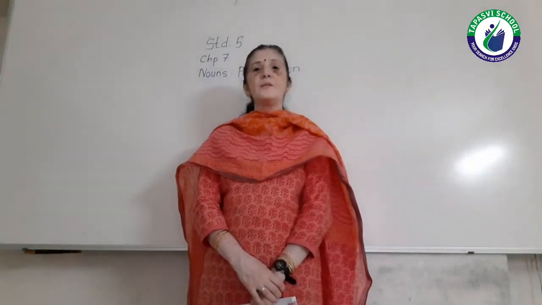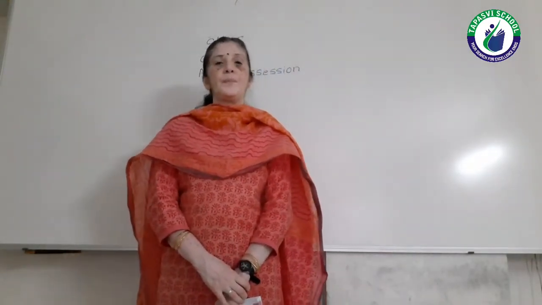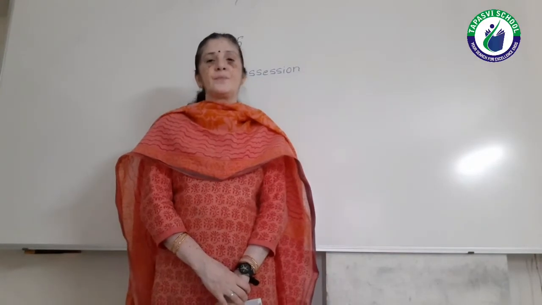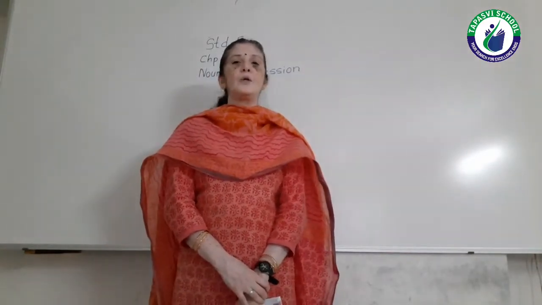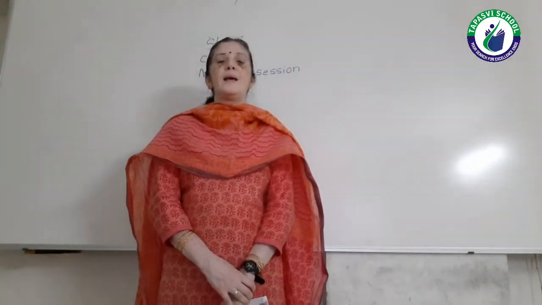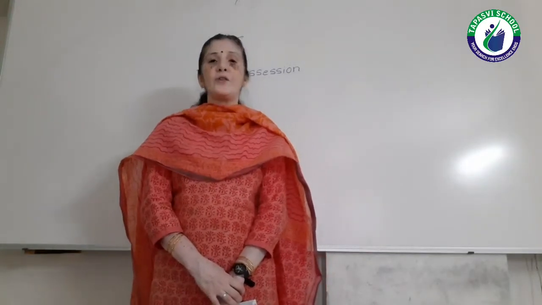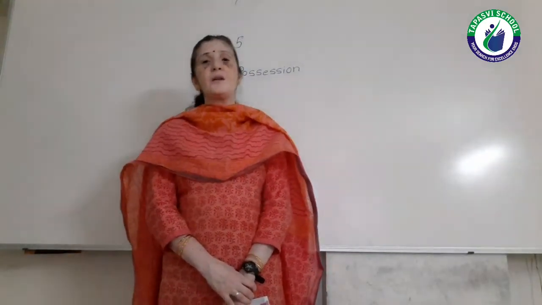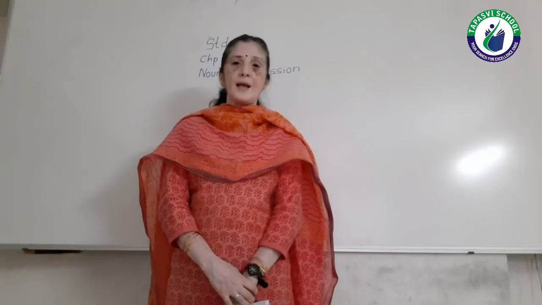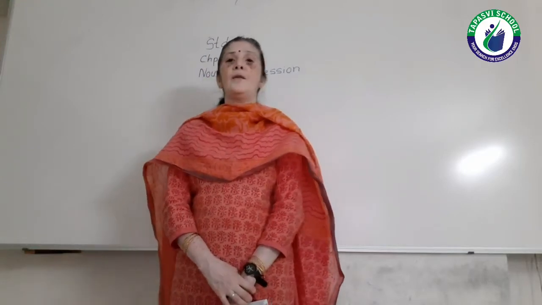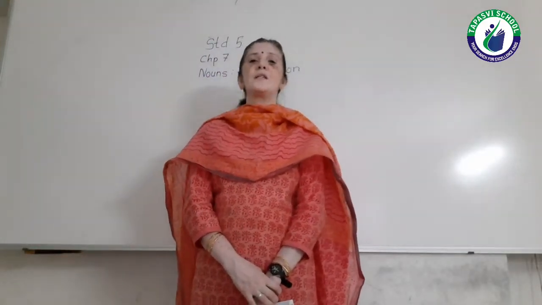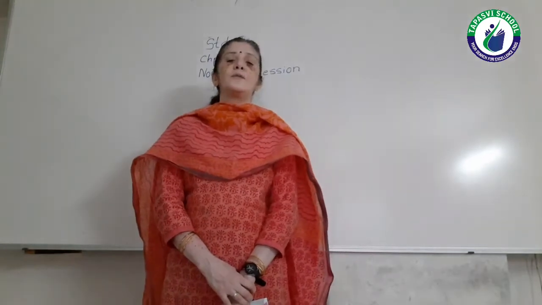Now some nouns are in plural form but without S. For example, mice, women, W-O-M-E-N, men, children, right? If they are without S and you want to show possession or belonging, what do we have to do?